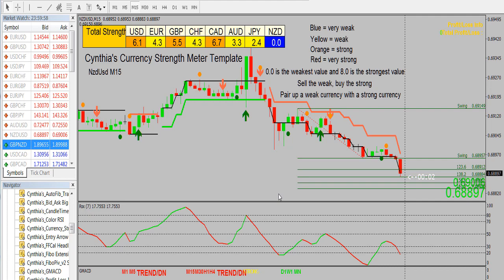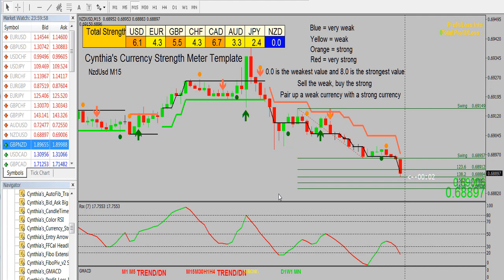That's just ridiculous and absurd and a real waste of time, and there just has to be an easier and better way. Well, the easier and better way to find a tradable pair is to use a currency strength meter.